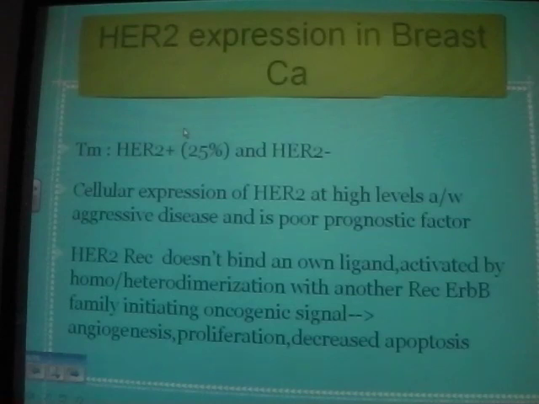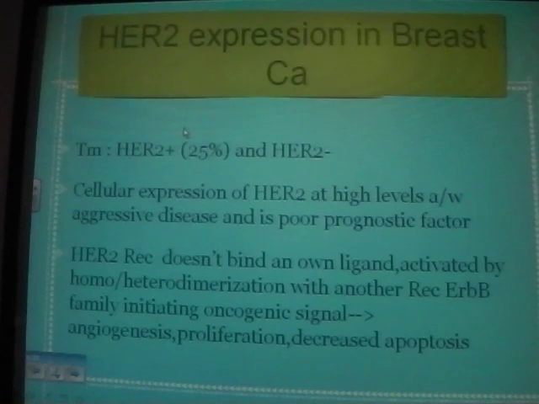They account only for about 25% of all diagnosed cancers. And one important thing is that the overexpression of HER2 is associated with a poor prognosis of those tumors. One particular thing is that usually a receptor binds a ligand, so that's how the downstream signal is conveyed.